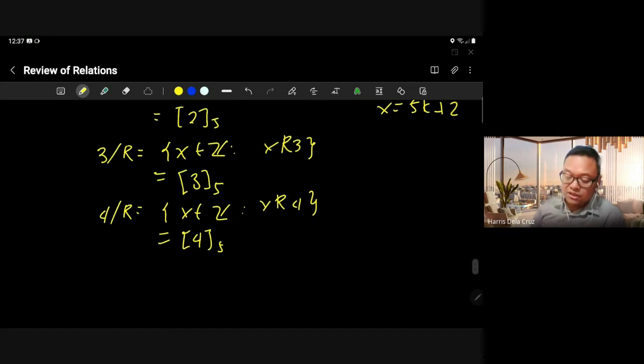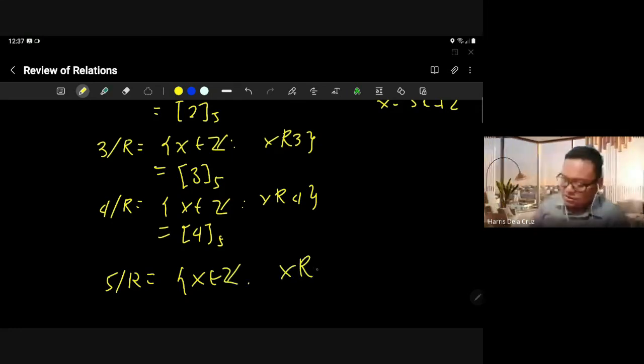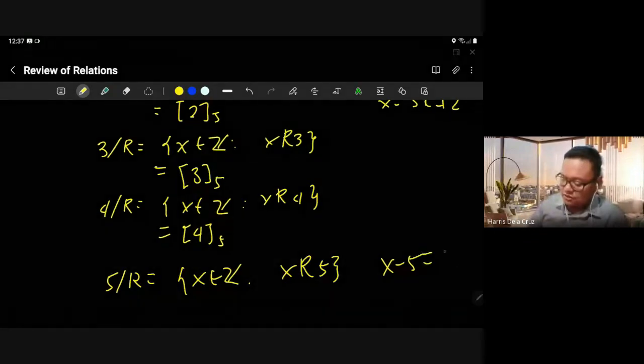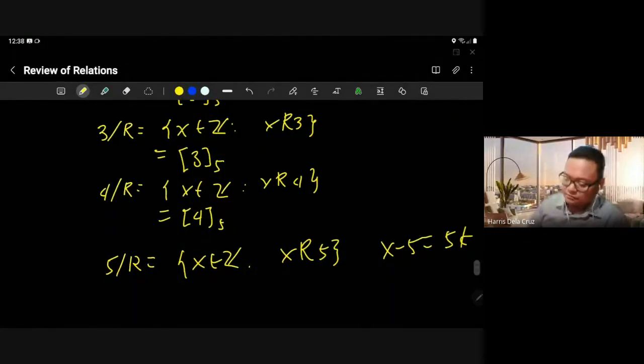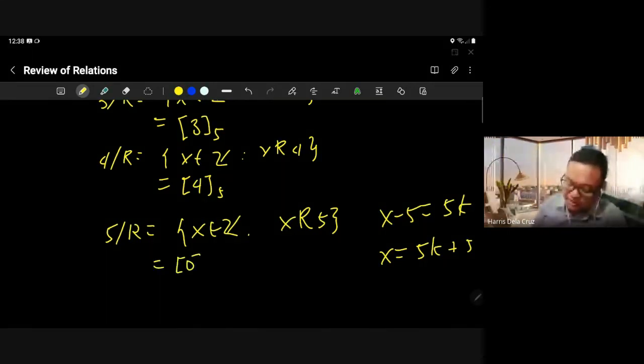Now, if you continue, let's say we get 5 over R, then this will be x such that x is related to 5, but that means that x minus 5 is equal to 5k. Now, that means x is 5k plus 5. So, lahat ng 5k, dagdagan mo ng 5, edi multiples pa rin yun ng 5. Tama? Multiples pa rin ng 5. 0, 5 pa rin yan. 0 bracket 5. And so on.